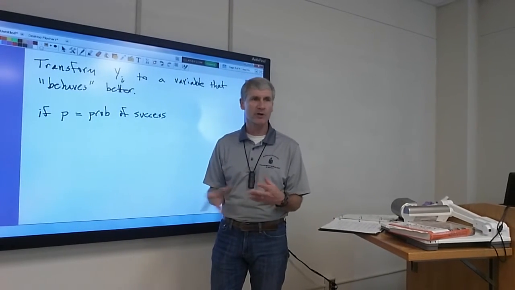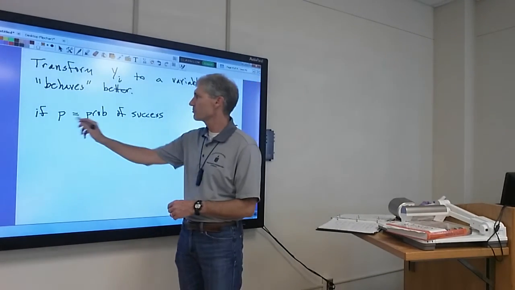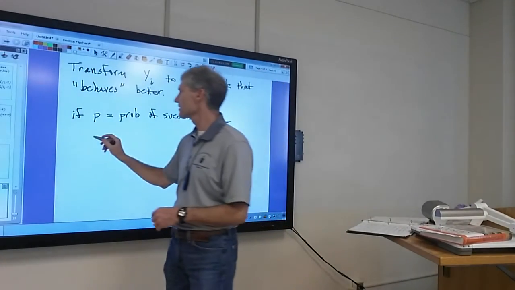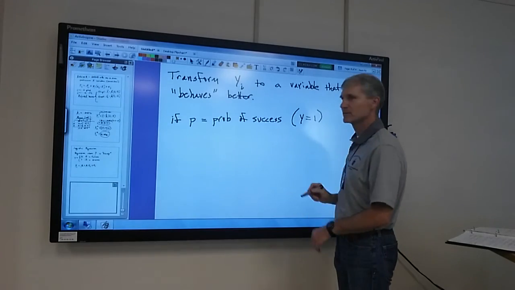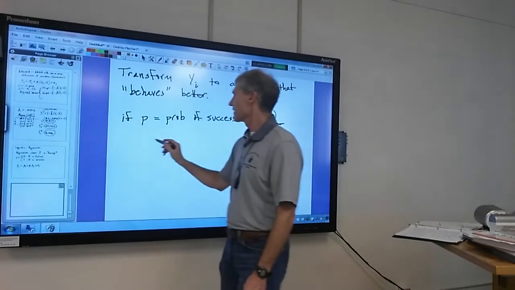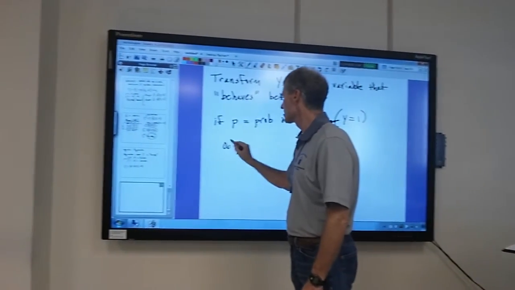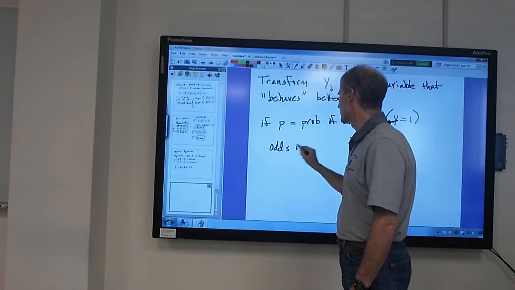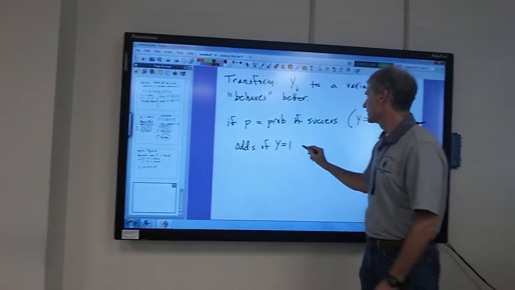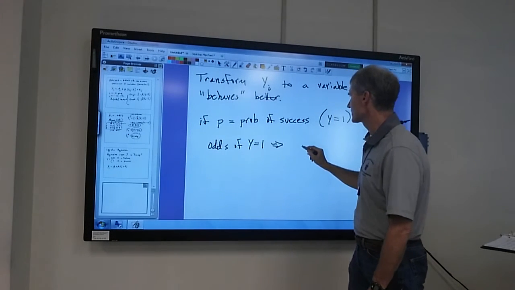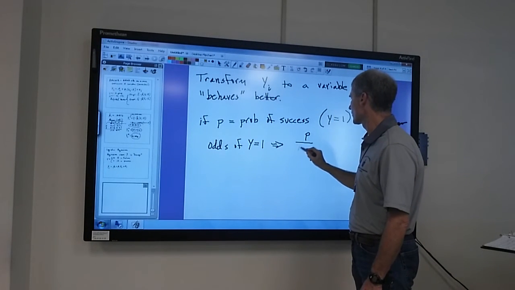It can either be categorical or continuous. So if P is the probability of success, and success means Y is a 1, then the odds of Y equaling a 1 is defined as P over 1 minus P.